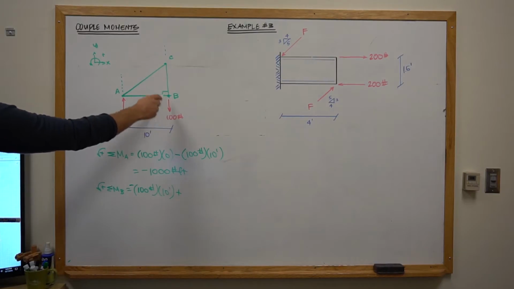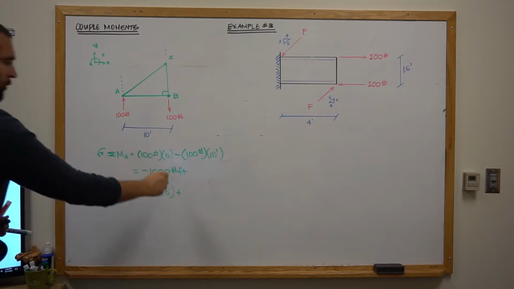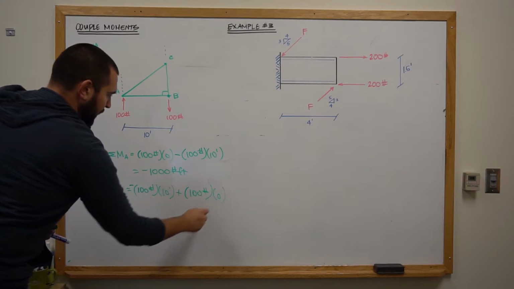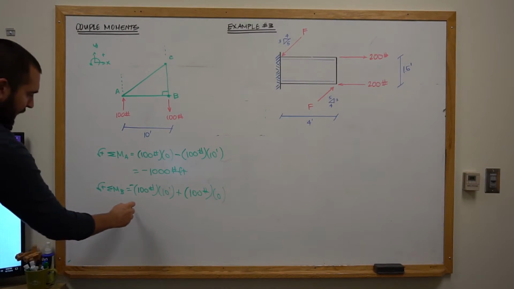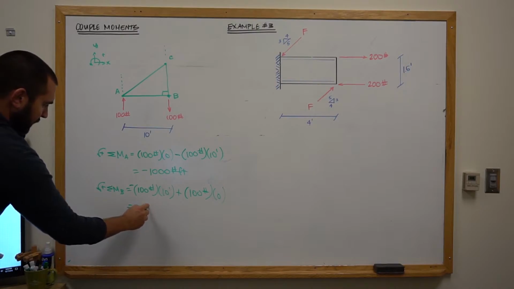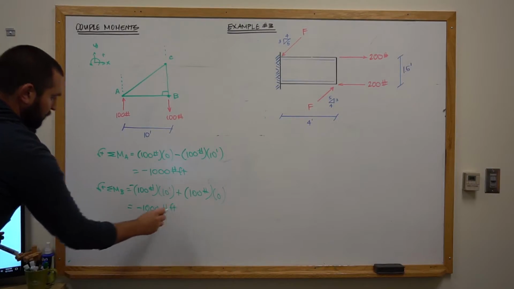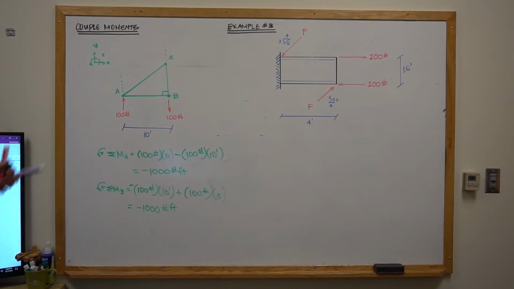And then here, this 100 pounds, the line of action goes right through B, and so even though I have a force, my perpendicular distance is 0 feet. And I get, as a result, negative 1,000 pound-feet. The same exact answer as I got before.